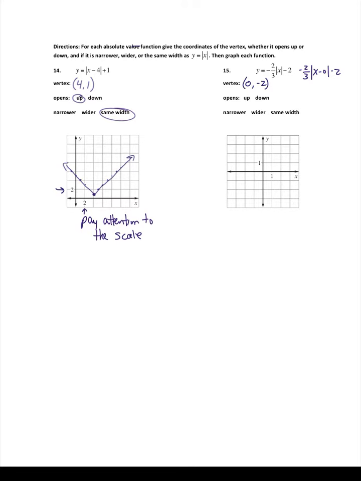This graph opens down because the a value in front of the absolute value is negative. And because it's a fraction between 0 and 1, it's going to be wider. So that flattens the graph a little bit. We start at (0, -2). We go over 3, down 2, and we connect our dots, and there is our absolute value graph.